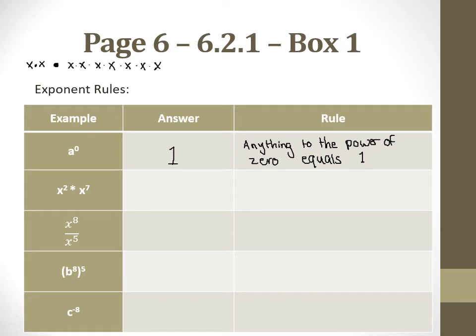And if we do that all out, now how many x's do we have in total? Well, there are 9 of them now being multiplied together. So this is equal to x to the power of 9. And notice that 9 is 2 plus 7. So when you have two exponents with the same base, these are both x, x to the power of 2, x to the power of 7, you can combine them by adding the exponents.